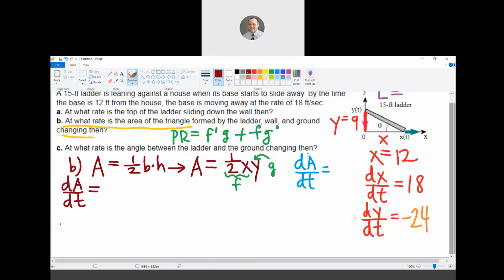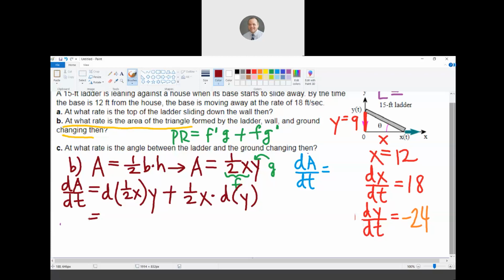So the derivative of f, or derivative of 1/2 x, times g, which is just y, plus f, or 1/2 x, times the derivative of g, or derivative of y. And keep in mind, we're still taking all of these derivatives with respect to the independent variable time.